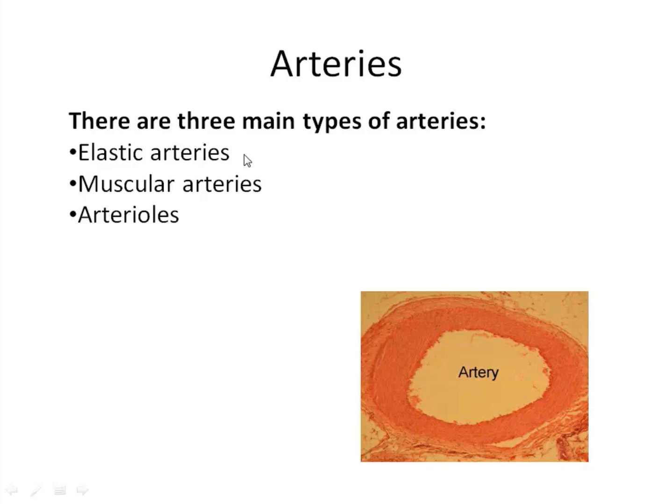When we see very large arteries which are very near to the heart, or which originate from the heart, the major arteries, their histological type shows more elastic fibers as compared to smooth muscles. So they are called large arteries or elastic arteries.